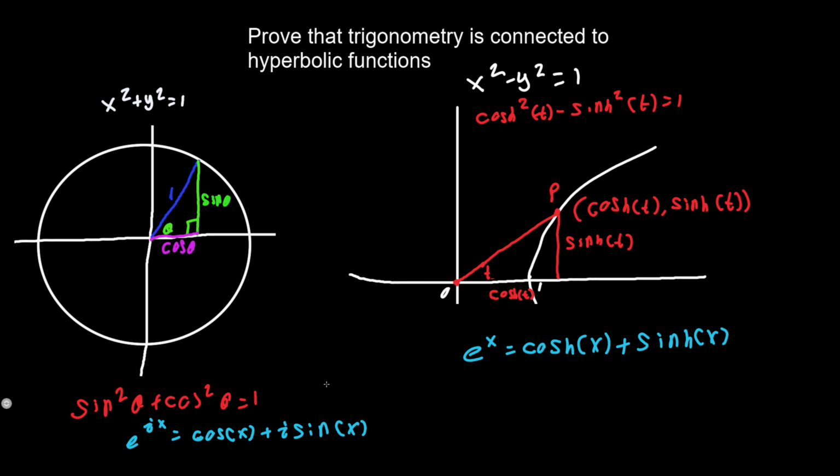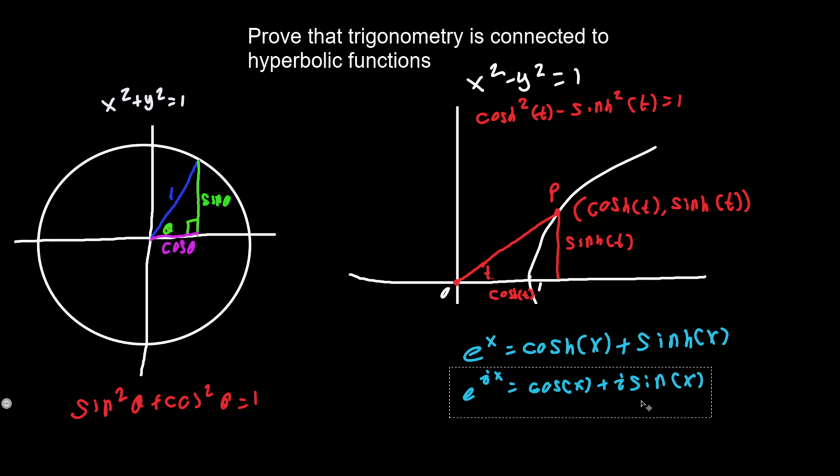And looking at our two equations, e to the x and e to the ix, they look eerily similar. And that's pretty much where it gets cool. This is where it all gets cool.